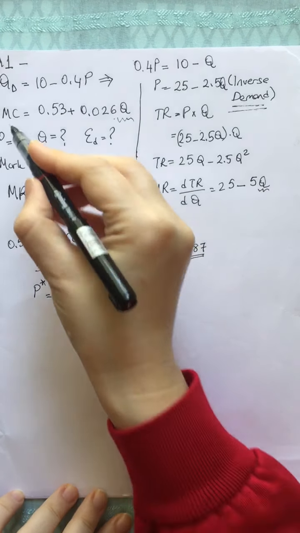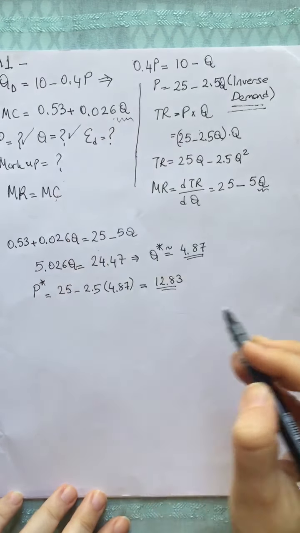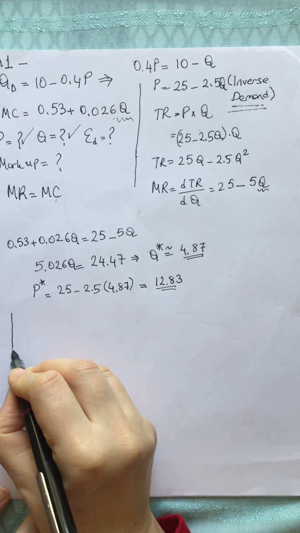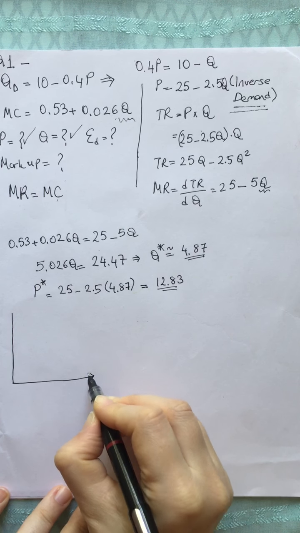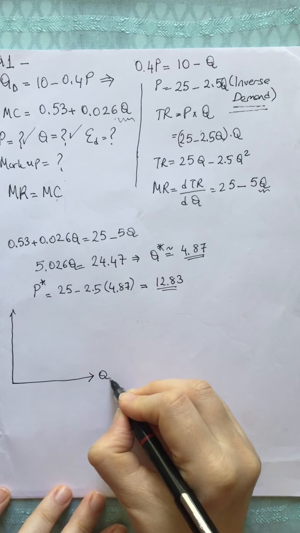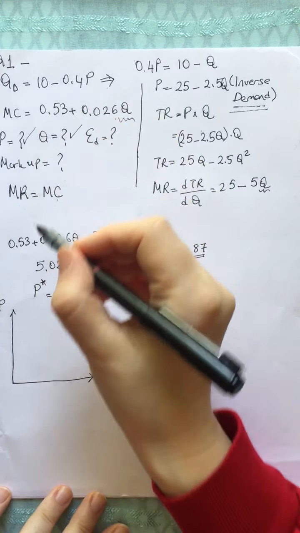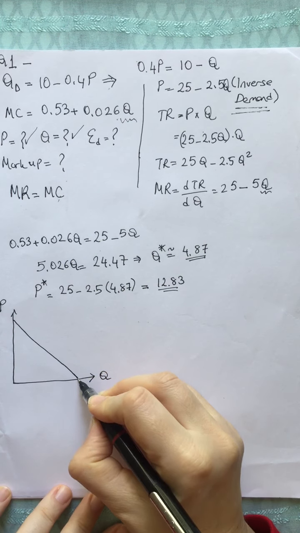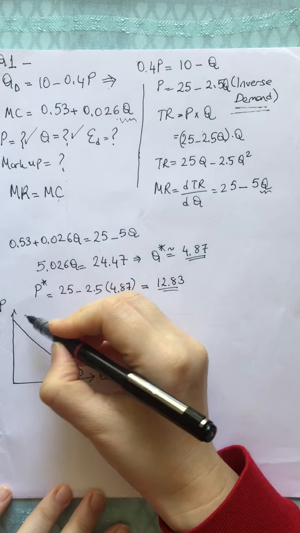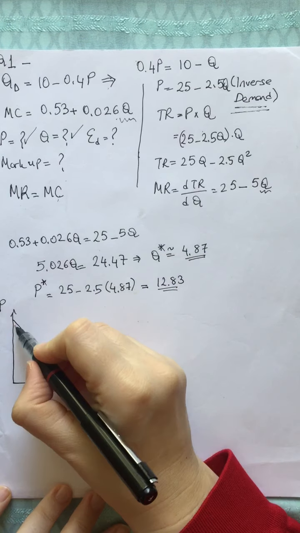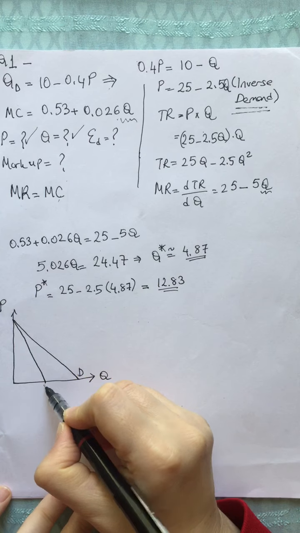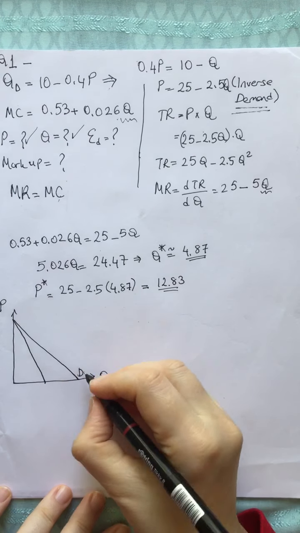Now we found the profit maximizing price and quantity. Let's try to see what we found in a graph. Here Q and here P. The demand function 10 minus 0.4p is a negatively sloped demand, and the marginal revenue function is just in the middle of the demand function.